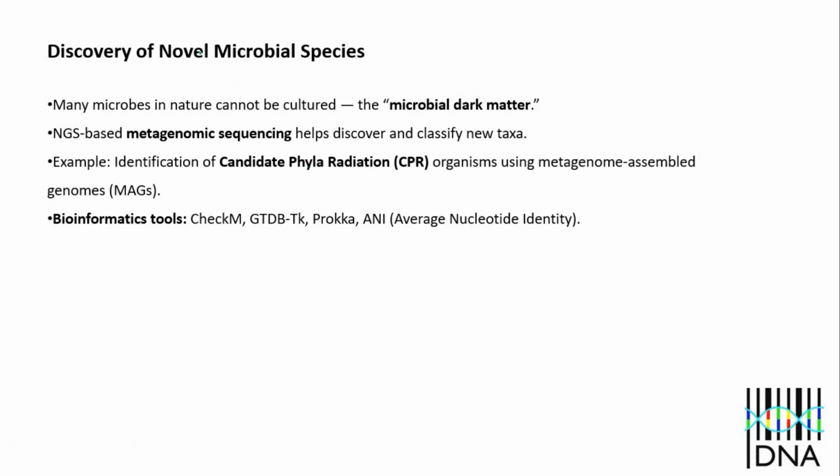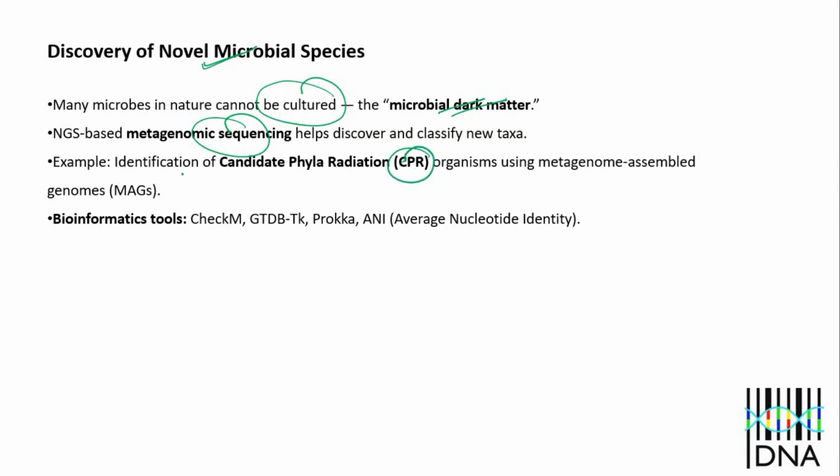Next, to discover novel microbial strains. Many microbes in nature cannot be cultured. That is known as microbial dark matter. But with the help of metagenomic sequencing, we can easily sequence the DNA of those uncultured microorganisms. For example, with NGS we can sequence candidate phyla radiation (CPR) organisms.